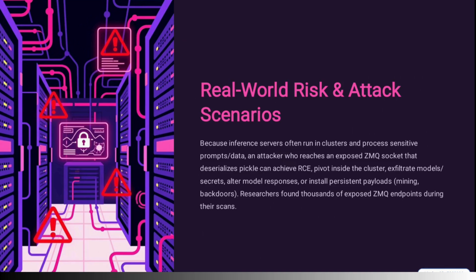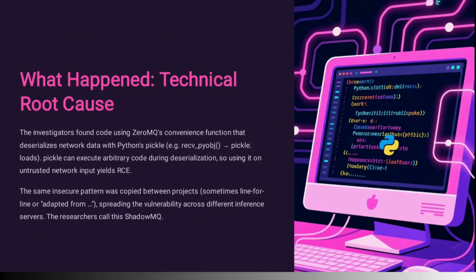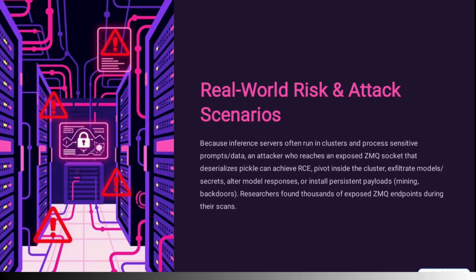An attacker who finds an exposed ZeroMQ socket that deserializes pickles can achieve RCE, pivot inside the cluster, exfiltrate the model, secrets, and model responses, and also install persistent payloads, like mining backdoors. That was also found by the researchers, and it became a bait for threat actors to manipulate things.